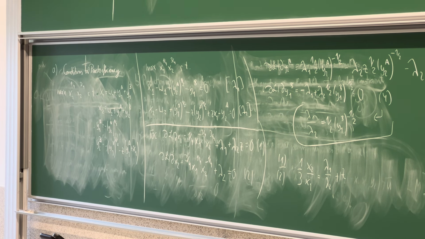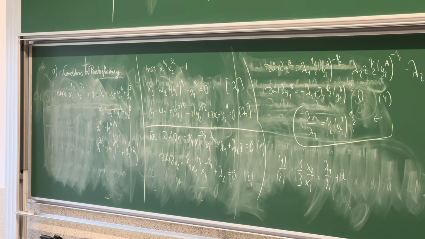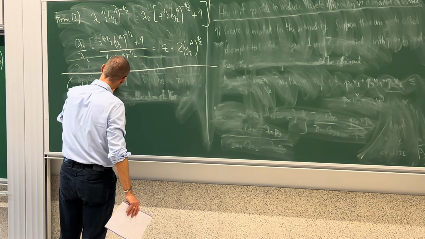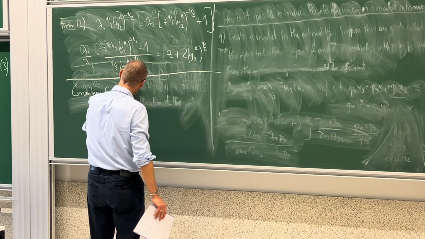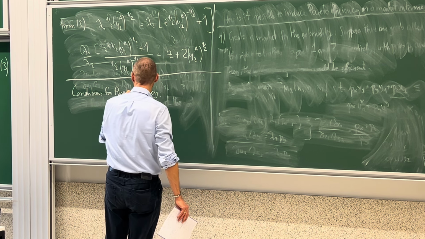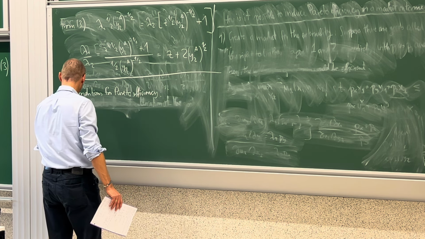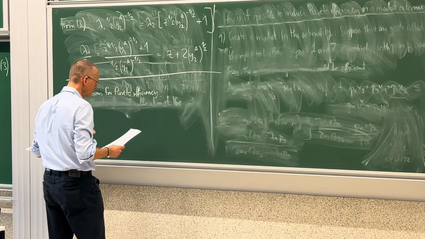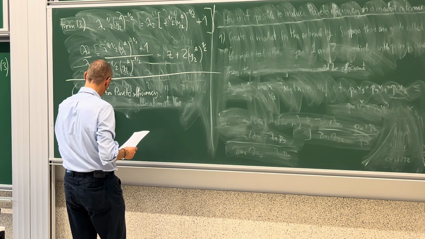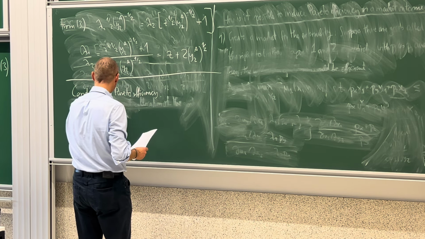So lambda 1 over lambda 2 is the efficiency condition. It will be lambda 1 over lambda 2, 1/2 y1B to the minus 1/2 from here.